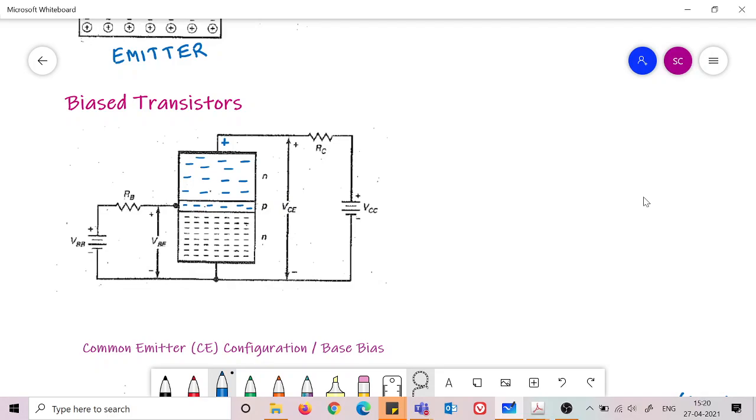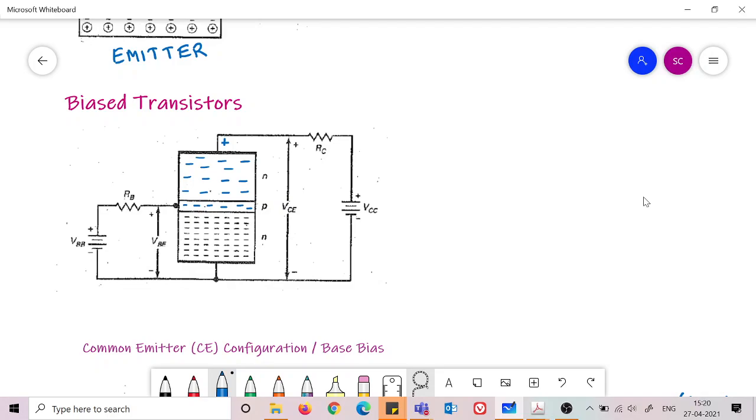Otherwise, what is the use of keeping that? So at some stage of operation, of course, we would require a through and through current through this device, and for that operation to happen, we have to keep a reverse bias in the collector base junction. So bear this in mind.